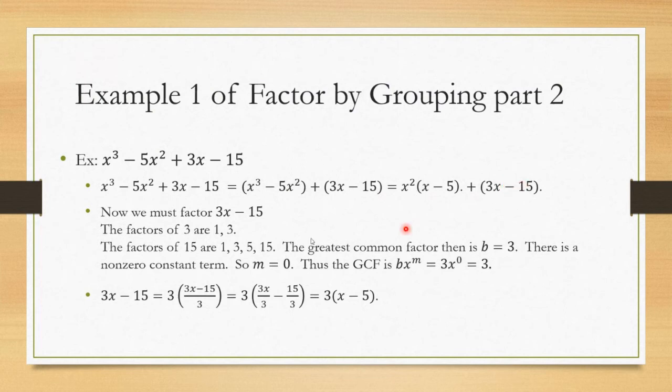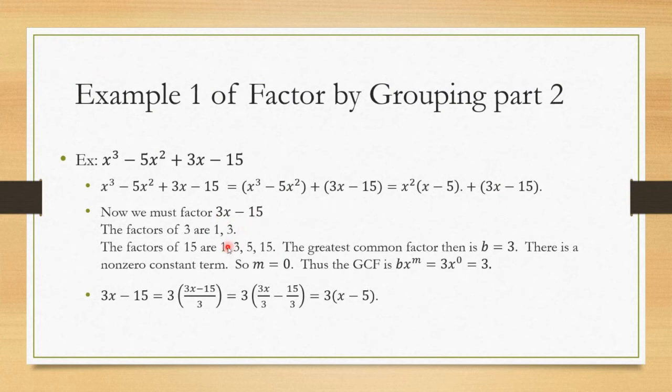Okay, so we have 3x minus 15. Let's find the GCF. I wrote it down here, but there's a non-zero constant term, so m has to be 0, the smallest exponent of x. The factors of 3 are 1 and 3.